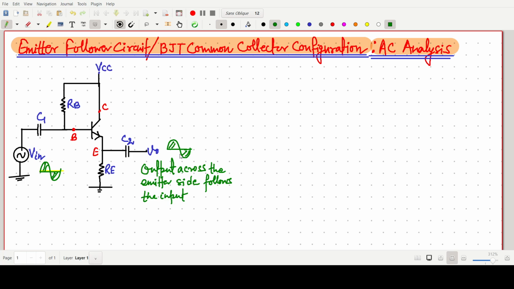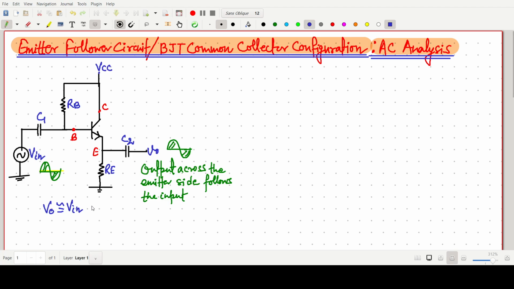And we can also say that this one is a common collector, because if we go for the AC analysis, this terminal will be common. And V naught is nearly the same as V in.